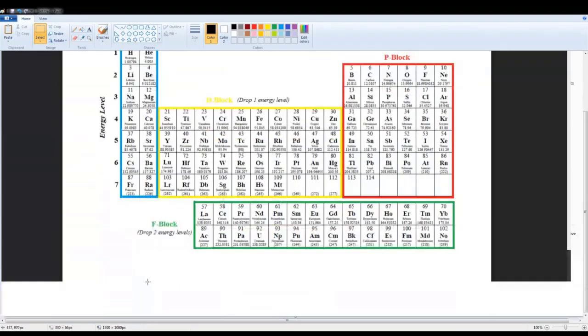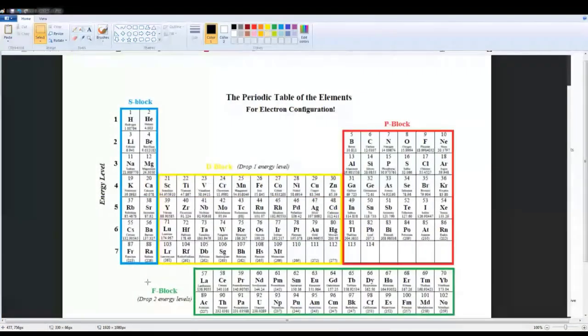Let's say I wanted to do the electron configuration for nitrogen. I start at the beginning, and I have to fill up the first energy level before the second. This is 1s, and since there are two boxes, I can fit two electrons in the 1s subshell.